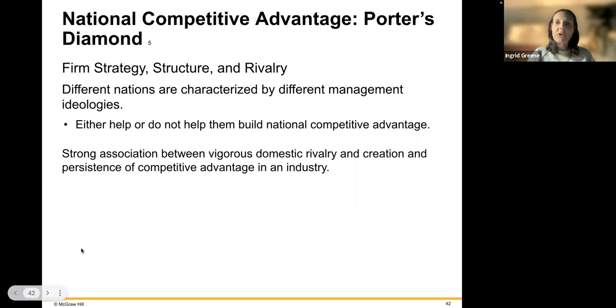And the author, Charles Hill, also noted in the textbook that US firms have leaders with mostly finance backgrounds, and they have less of a focus on engineering as opposed to firms abroad.